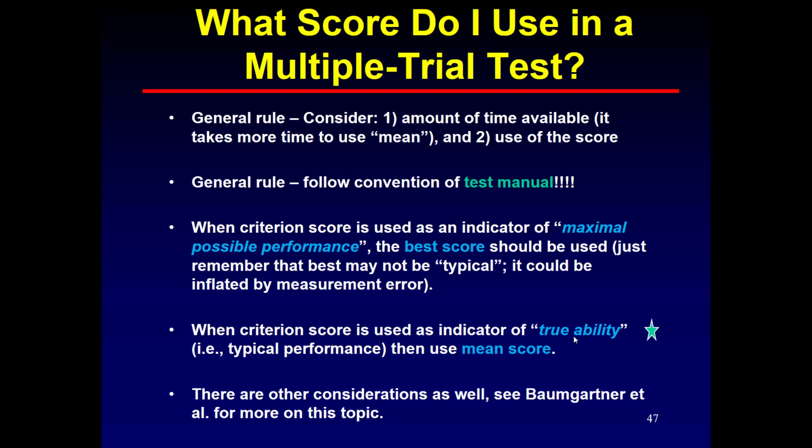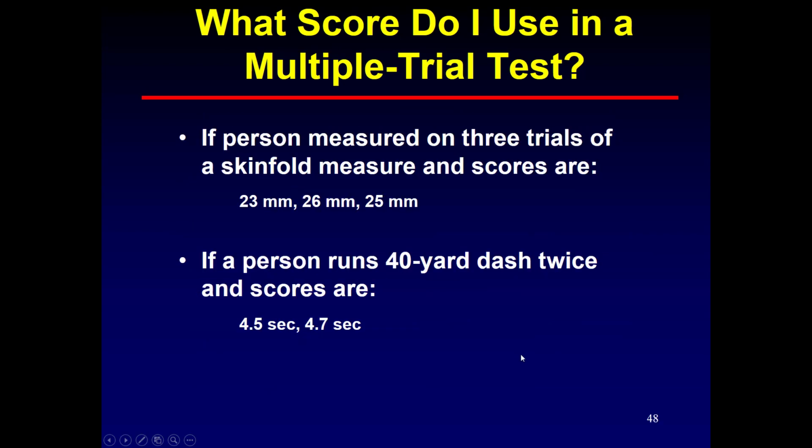Truth is kind of in the center somewhere when we have this random error, and therefore, for many of the tests that we do in our field, we're going to use the average or the mean score. So you're going to have to know for a test, do you use the best score or do you use the mean score? And these are some good guidelines for you to follow.